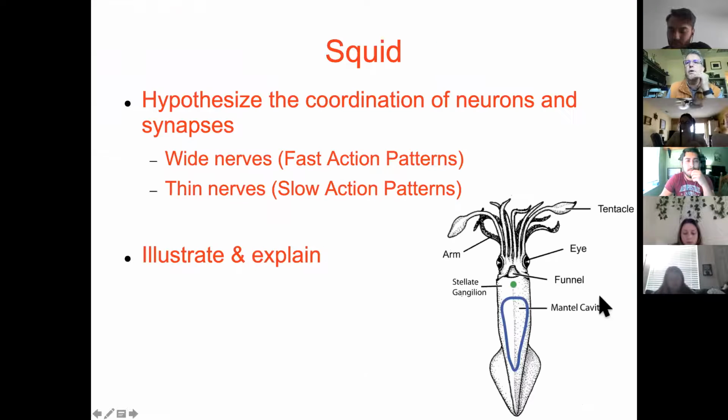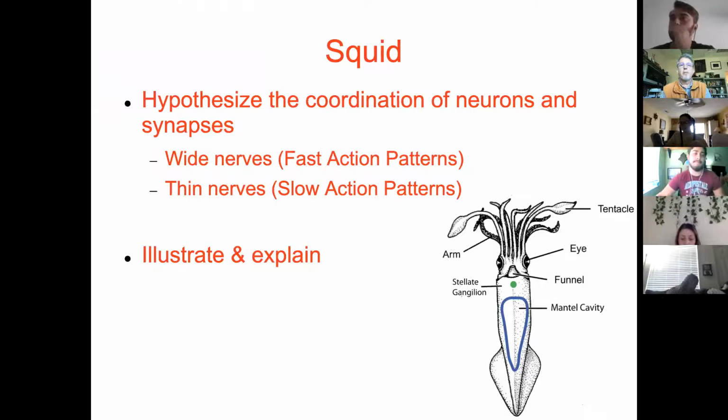Okay. So what I want you guys to do is hypothesize, using what we know presently about how neurons operate, in combination with a little bit of information we actually didn't talk about, and that is how the diameter of an axon can help regulate the speed of an action potential, to come up with a model, a hypothesis for the neurological architecture of a squid.